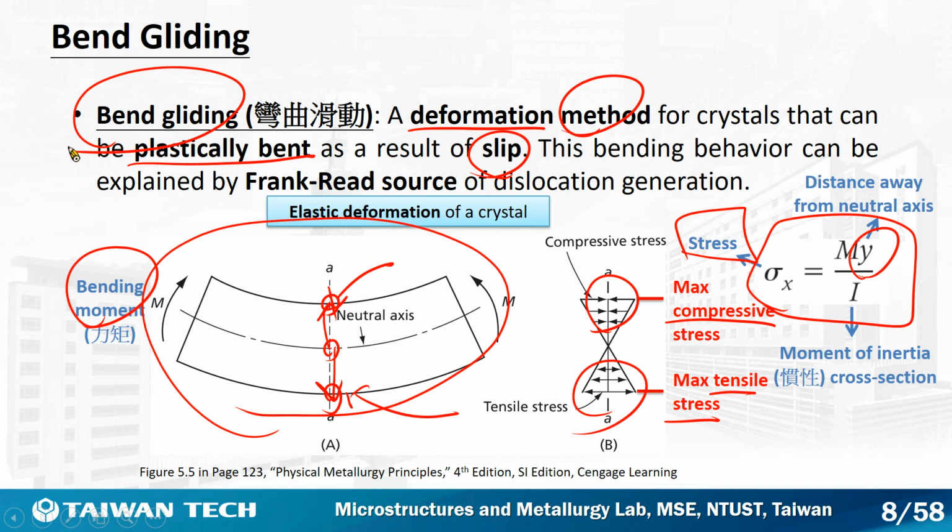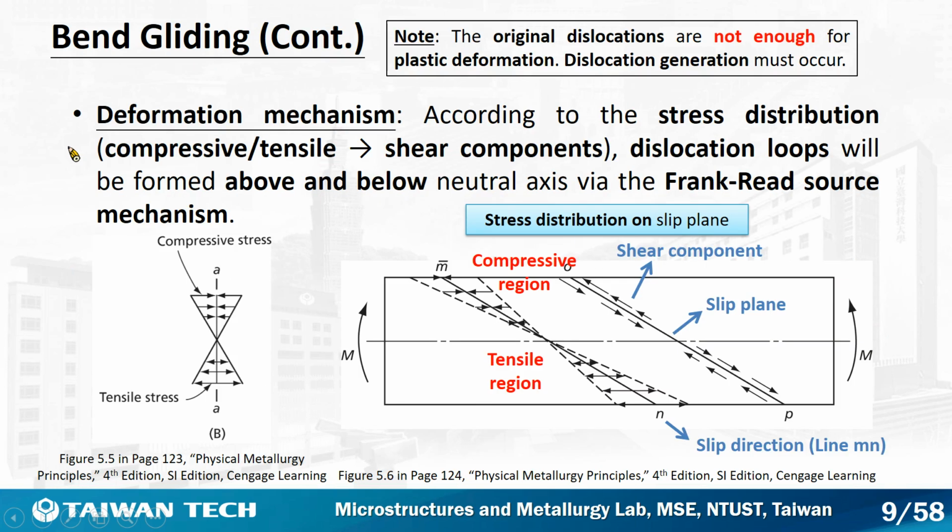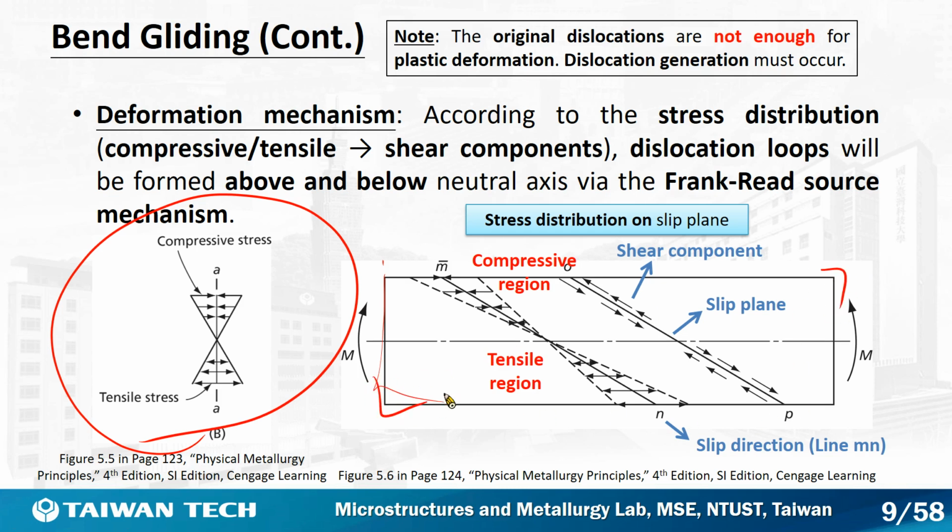And now let's talk about how slip will occur in this structure. So let's talk about the deformation mechanism. And first, we know that we can draw the stress distribution here. And then we know the material like this one, right? So, and we now know that we can draw this as compressive and tensile stress.